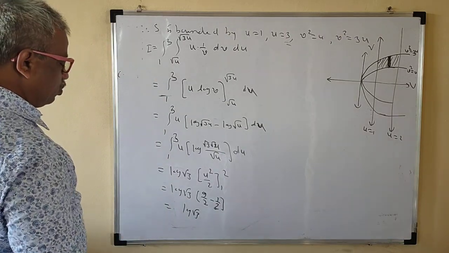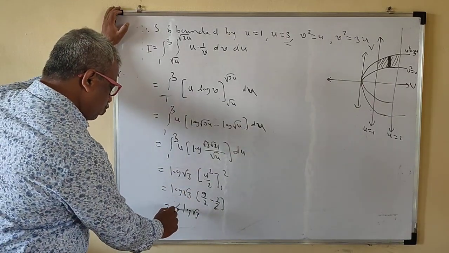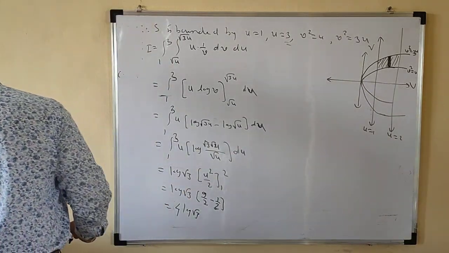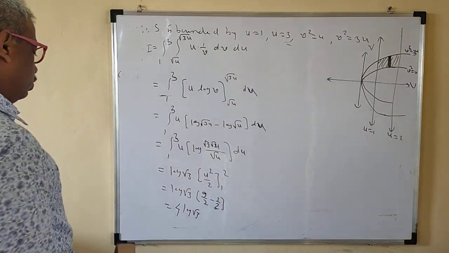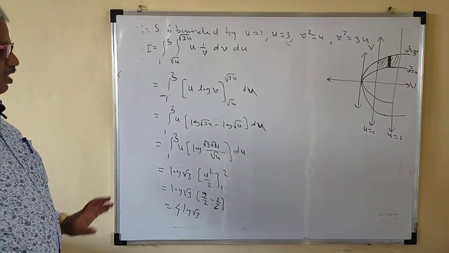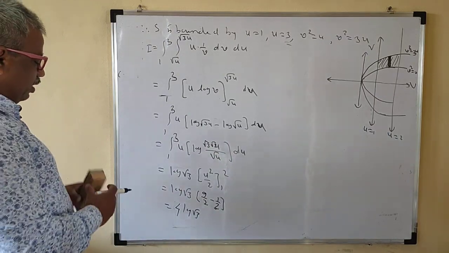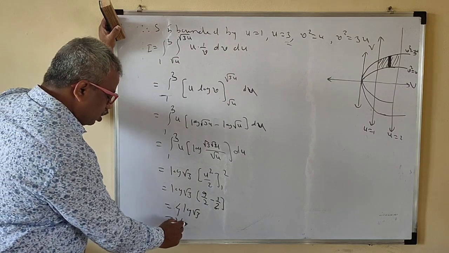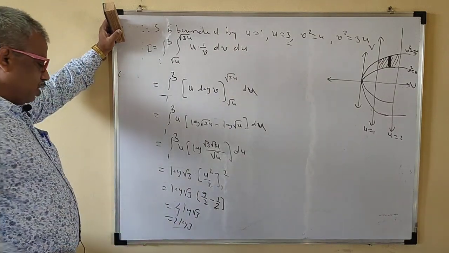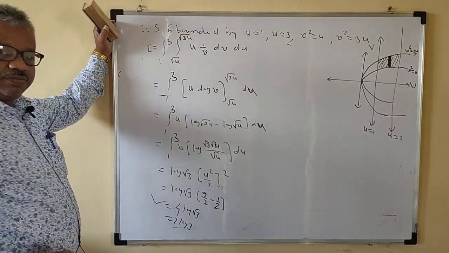So 9 by 2 minus 1 by 2 is 8 by 2. That means this is 4. 4 log root 3 is the required answer. Or you may write this as, since log root 3 means half log 3, 2 log 3. 2 log 3 is also the answer. It is better to stop here. Okay.